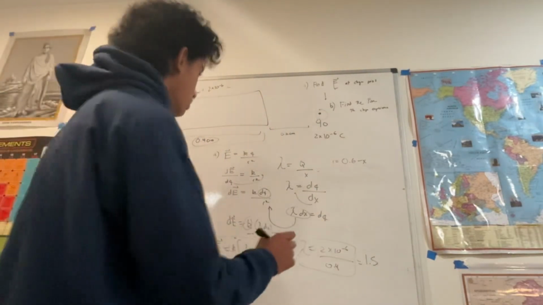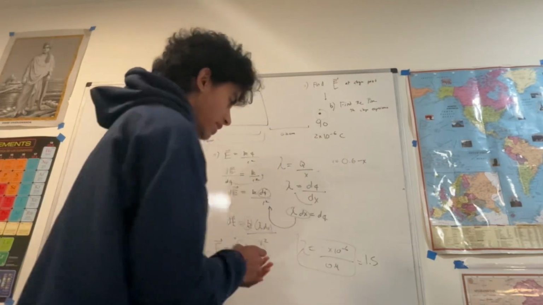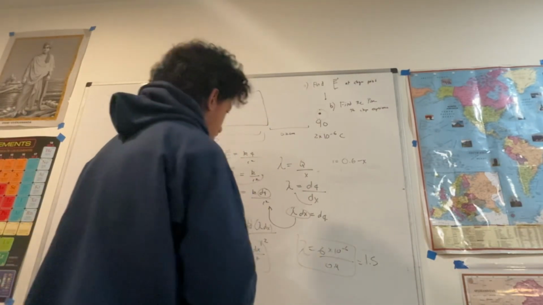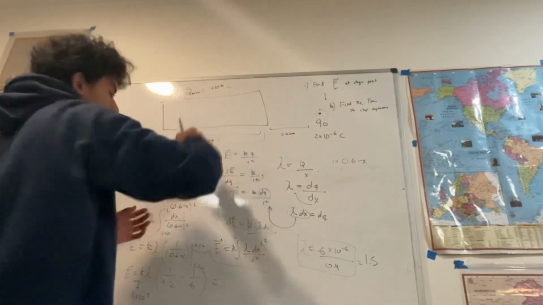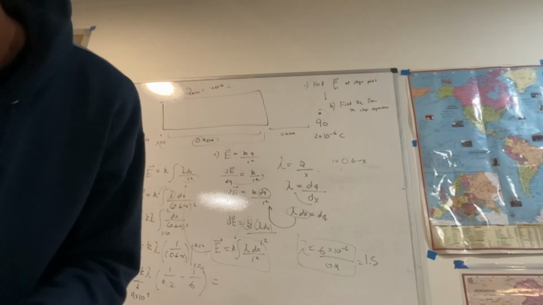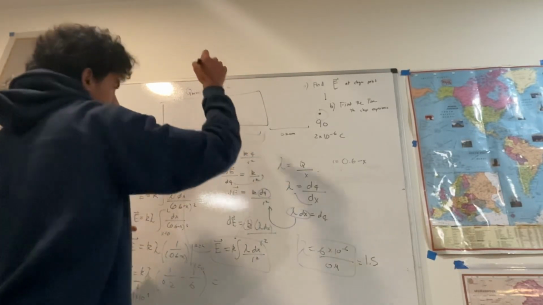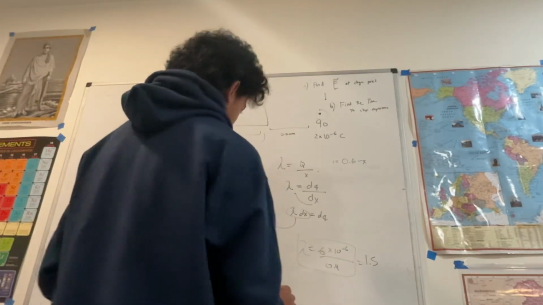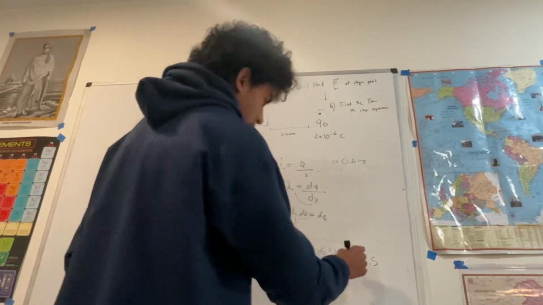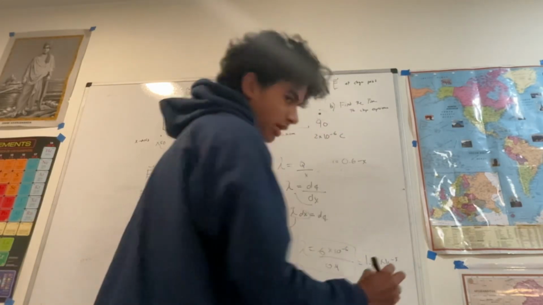Oh wait, my bad. This is actually 6 times 10 to the negative 6. Pretty sure. Yep, this is 6 times 10 to the negative 6. So 6 times 10 to the negative 6 over 0.4 gives 1.5 times 10 to the power of negative 5.